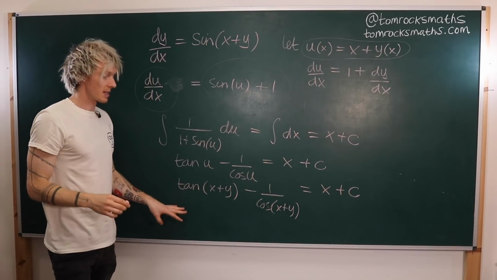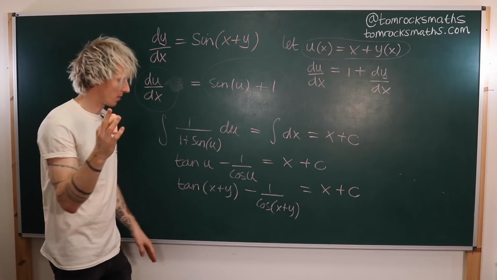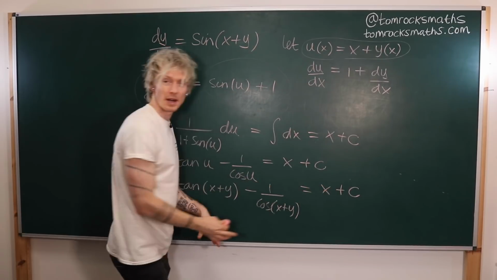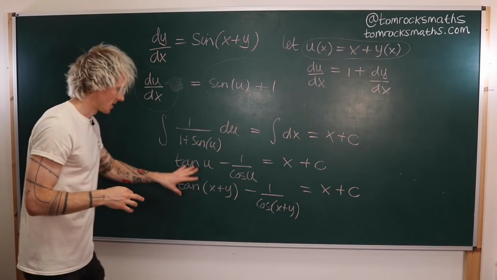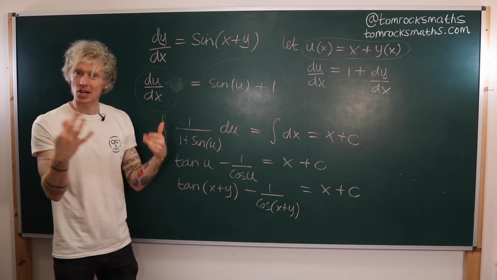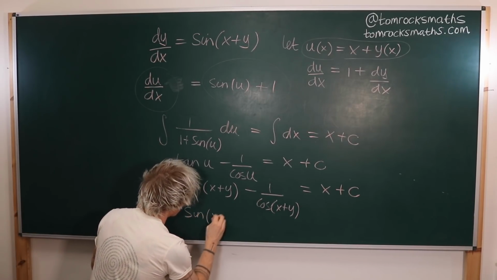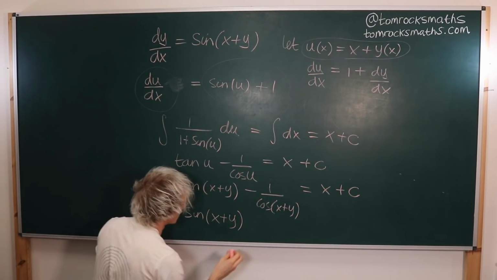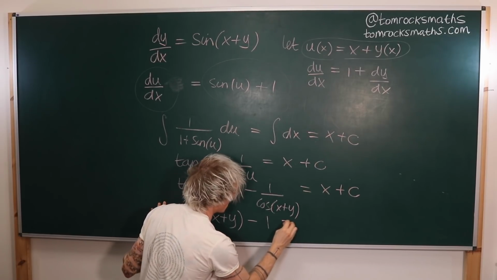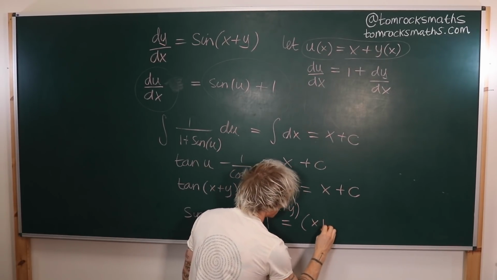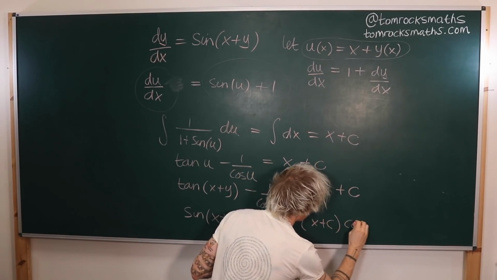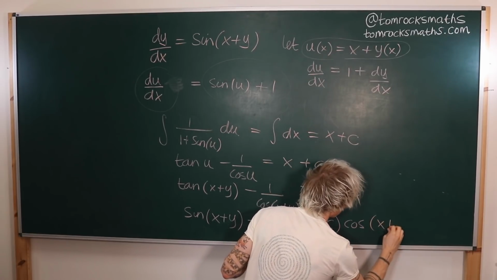And we can in fact tidy this up through one final step. If we multiply through by the cos term, tan of course is sine divided by cos, so the very final simple solution will be sine of x plus y minus 1 is equal to x plus c multiplied by cos of x plus y.